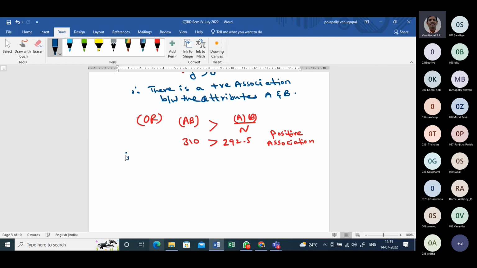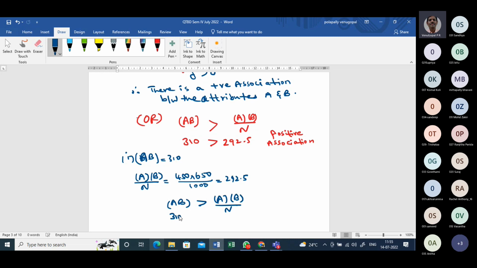First step you take AB, 310. Second step, A into B divided by N. 450 into 650 divided by 1000 comes to 292.5. So AB is greater than A into B divided by N. This is 310. This is 292.5.